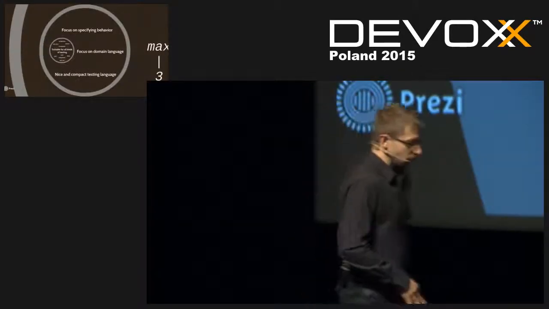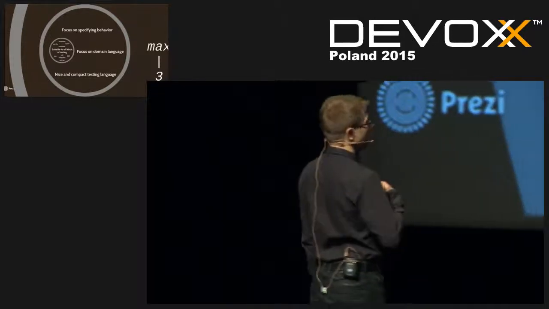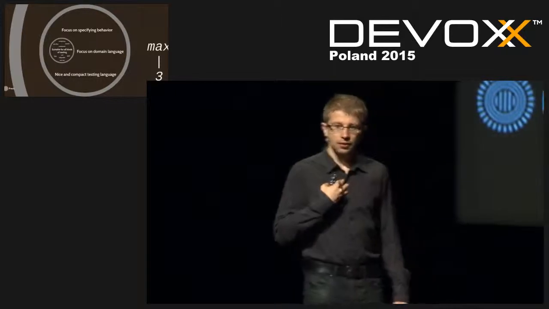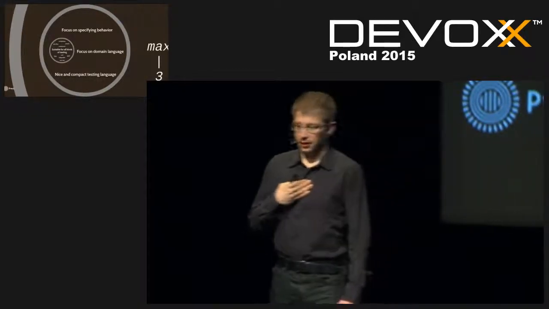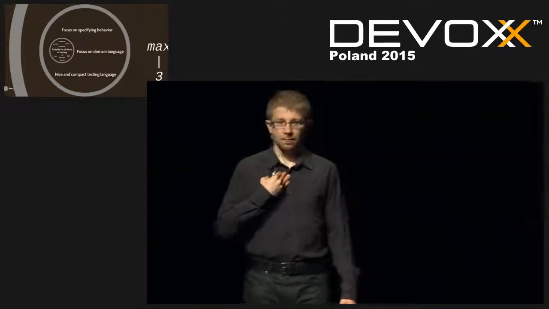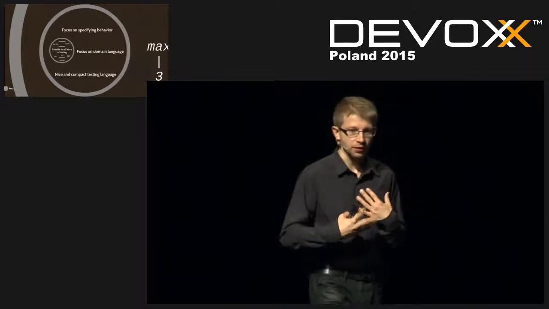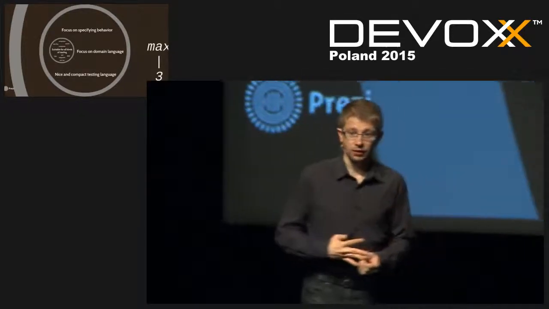Then, as we have this optional syntax, we don't have so much boilerplate. We can focus much more on specifying behavior and on our domain language. So Spock is just a testing language. It's actually the same syntax as Groovy. Spock is valid Groovy code. It has slightly different semantics than Groovy code.